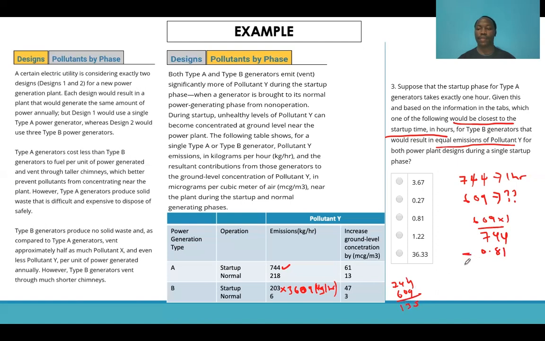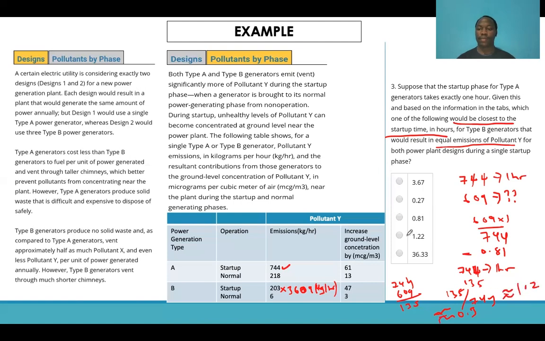So we are comparing, we're saying 744 would have 744 of type A per hour. What about 135? So 135 over 744. So this would give you approximately 0.3 there. So if you add the two, 0.81, 0.3, it will give you a number that is approximately 1.2.